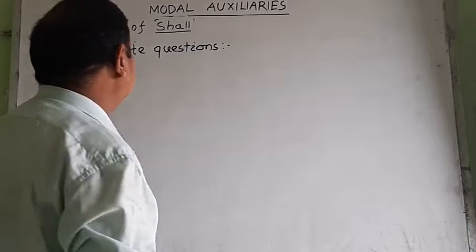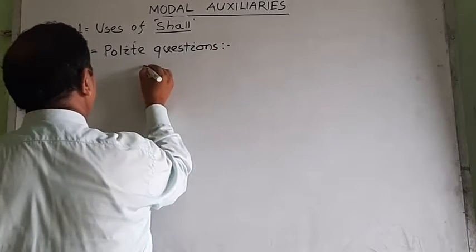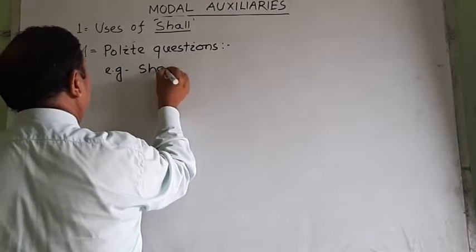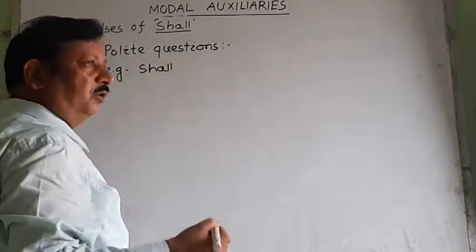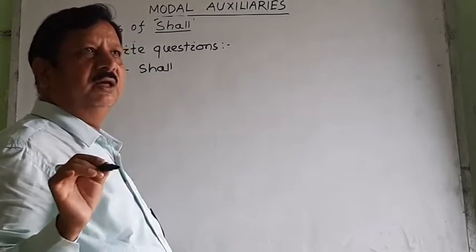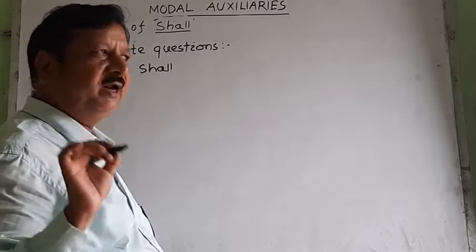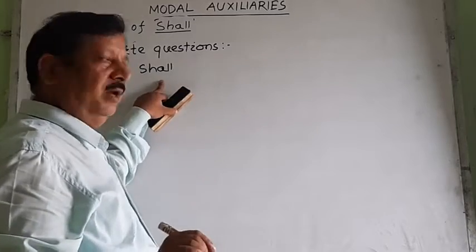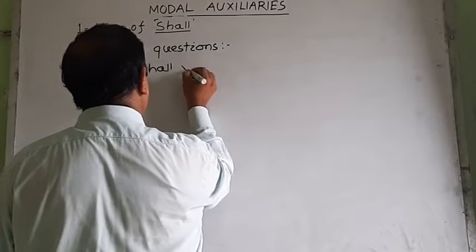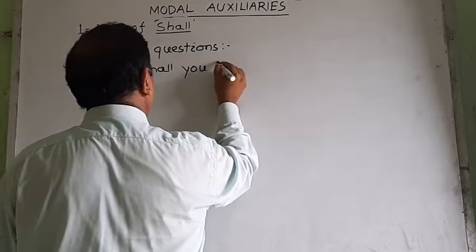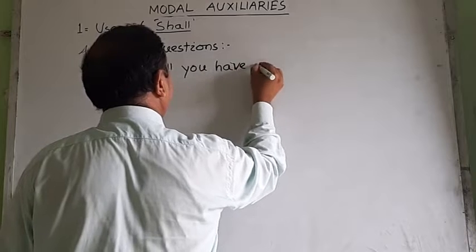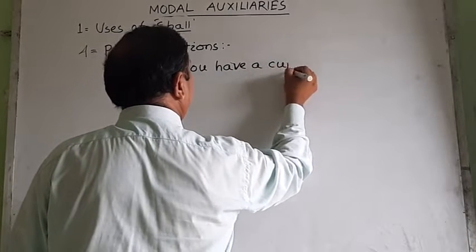We may write, for example, though in the course of the use of modals, we shall know that would actually expresses more politeness than the others. But anyway, we can use also shall in some contexts. We may say, shall you have a cup of tea?